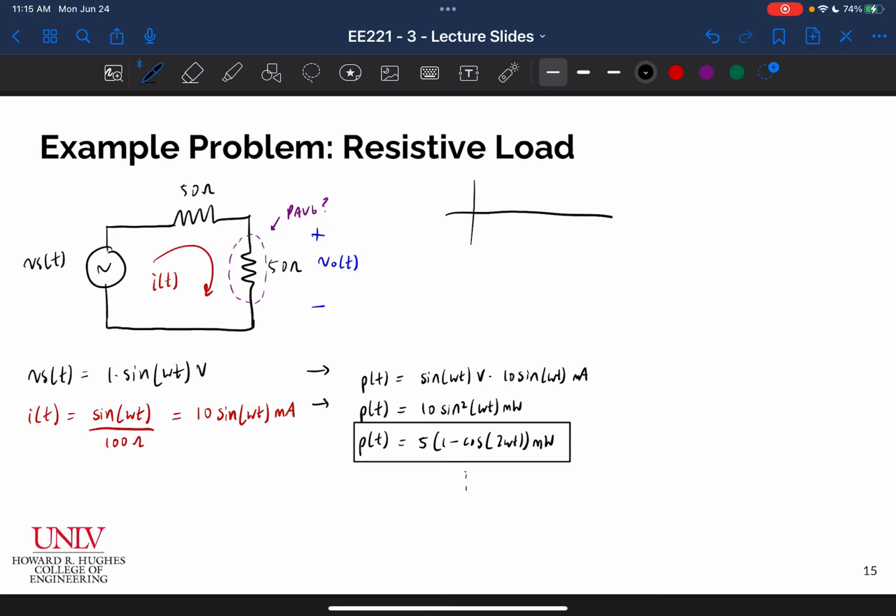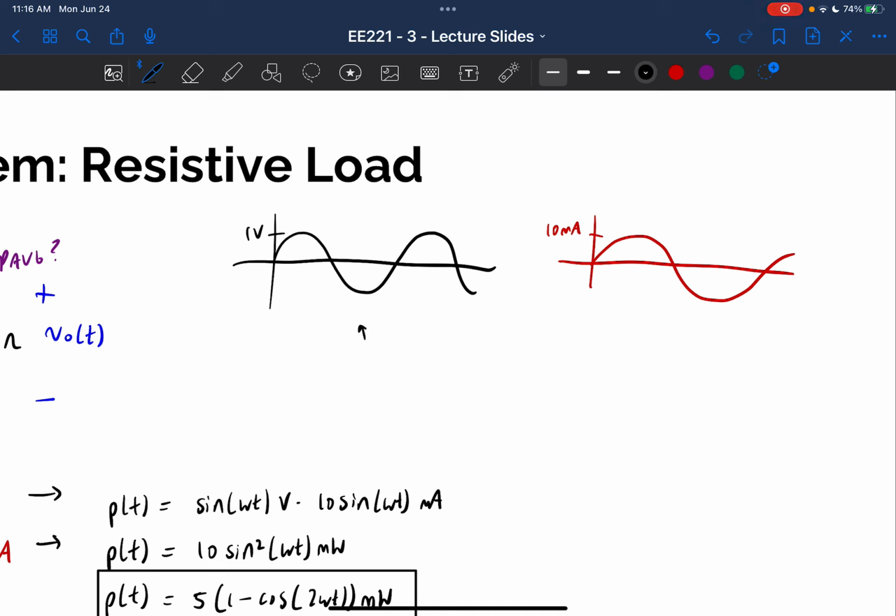And if I look at my current waveform here, it's swinging up to a value of 10 milliamps, right? And so the RMS value of this one, VRMS, is equal to 1 over the square root of 2. IRMS is equal to 10 milliamps divided by the square root of 2.